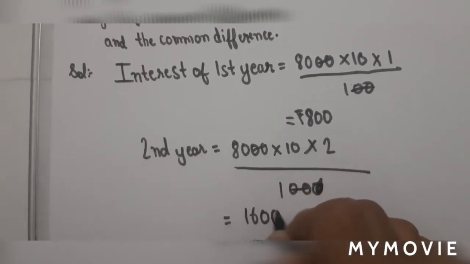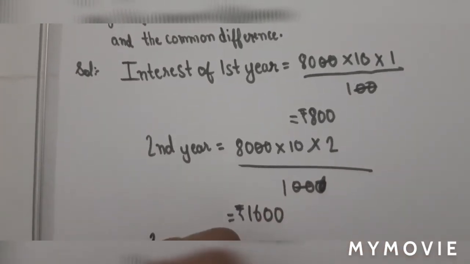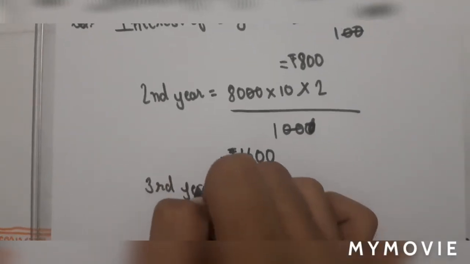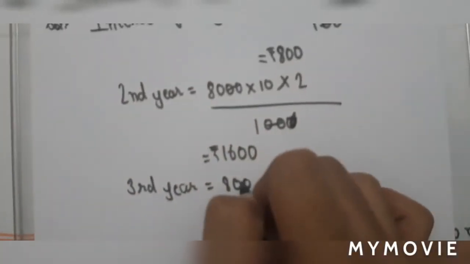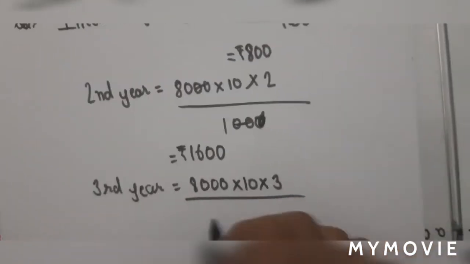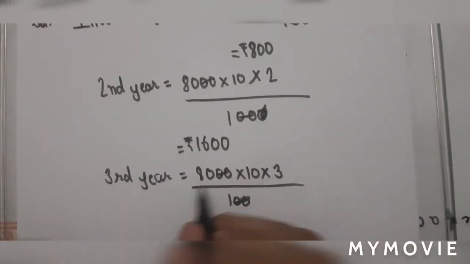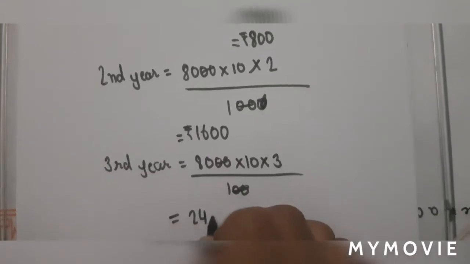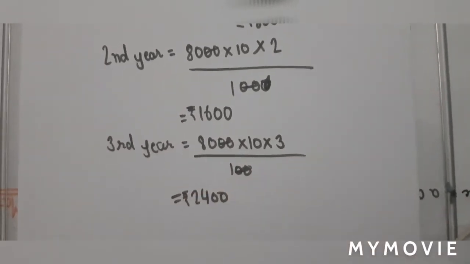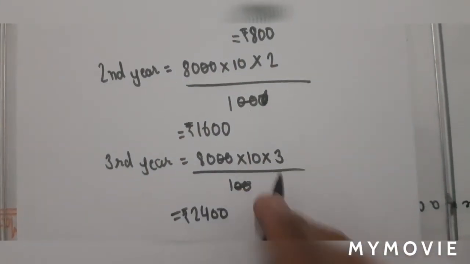So we get 1600 rupees. So next we should calculate for third year. So for third year, 8,000 into 10 into, for third year 3 by 100. So 8 3s are 24. 2400 is our answer.